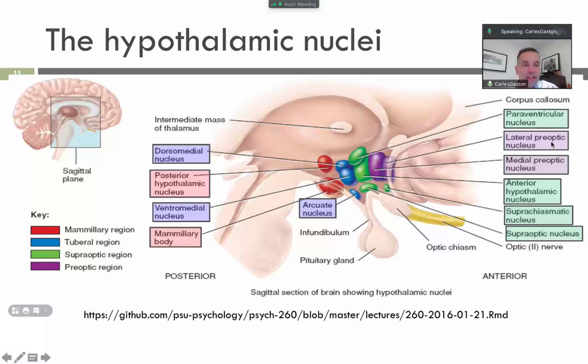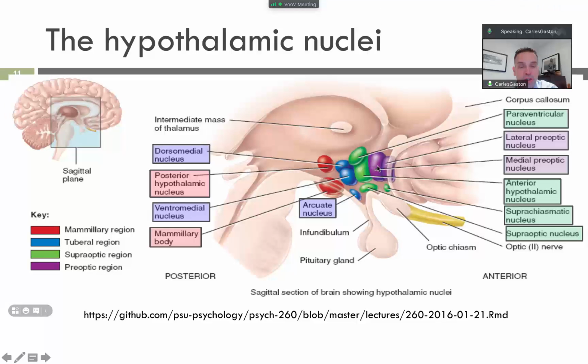Then we have the lateral preoptic nucleus and medial preoptic nucleus, anterior hypothalamic, suprachiasmatic, and supraoptic nuclei, and it's a very nice picture because you can see them in green and where the location is. In blue, we have the dorsomedial, ventromedial, and arcuate nuclei. And in red, we have the posterior hypothalamic nucleus and mammillary body.